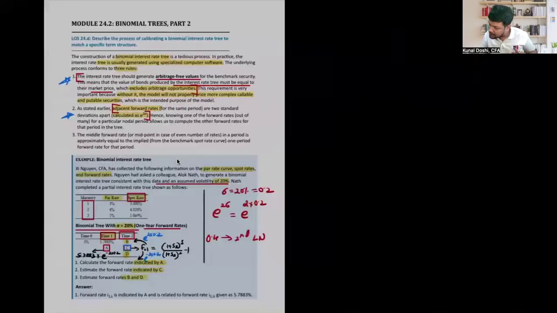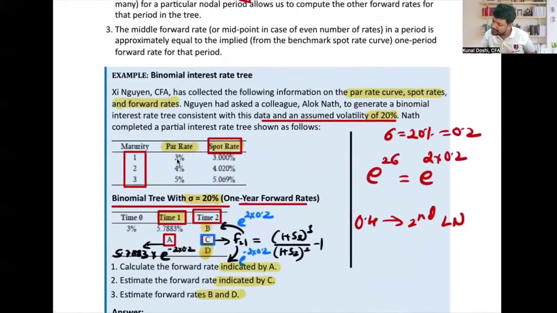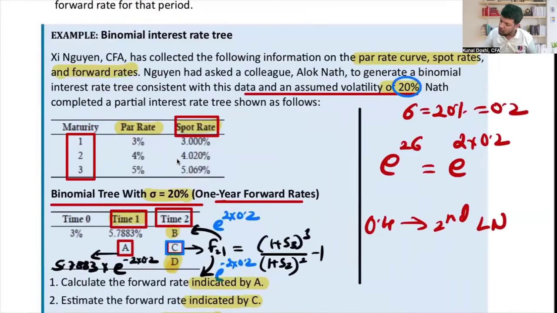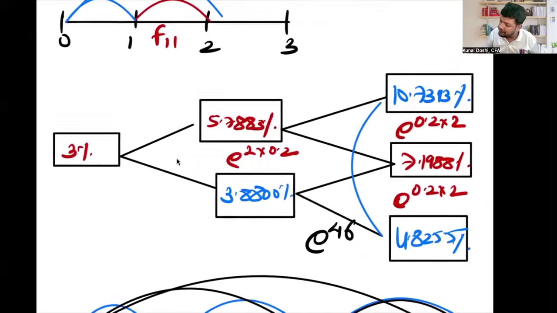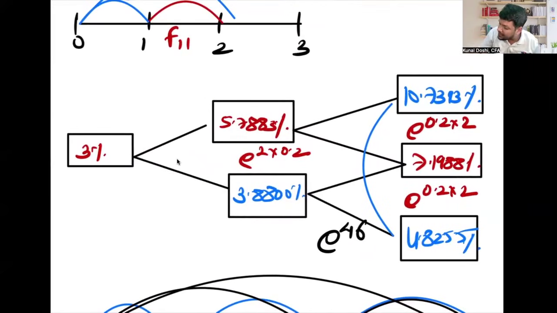Let us see an example where we've been provided with a standard deviation of 20%. Since the standard deviation is provided, if I have 5.77, I can go to 3.88 by dividing by e to the power of 2 standard deviation, or you can multiply by e to the negative; or you can multiply 3.88 by e to the 2 standard deviation and get the 5.77.